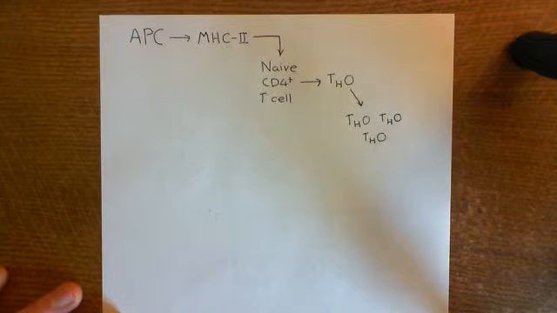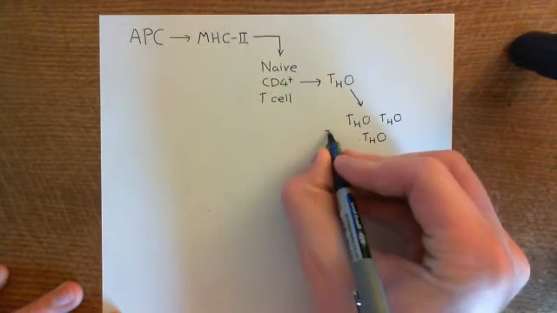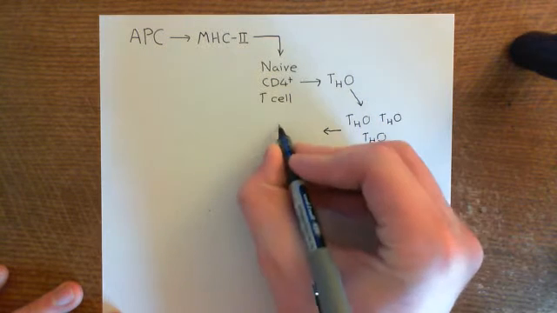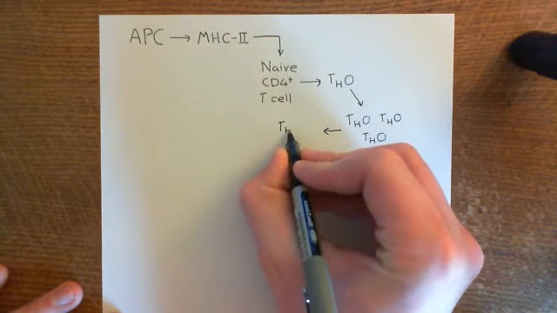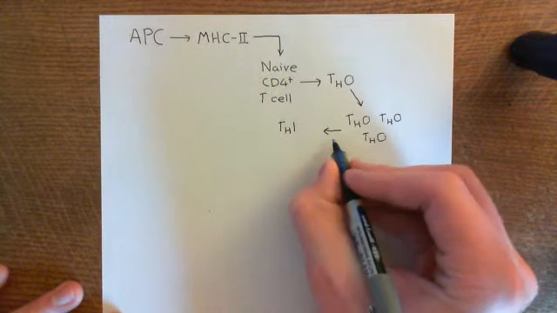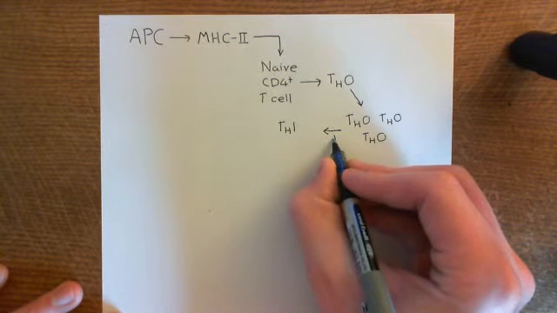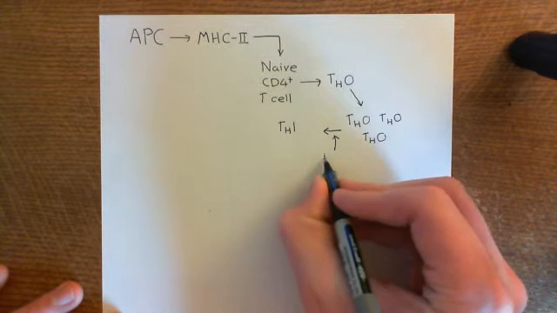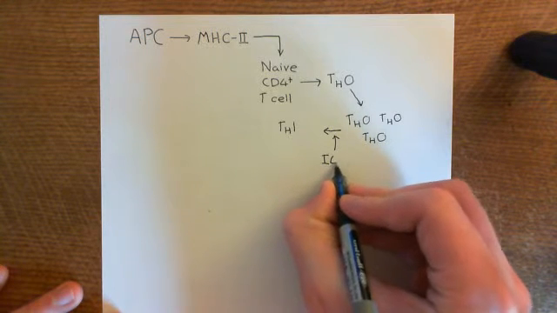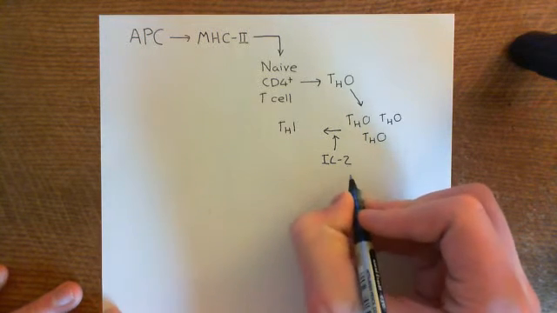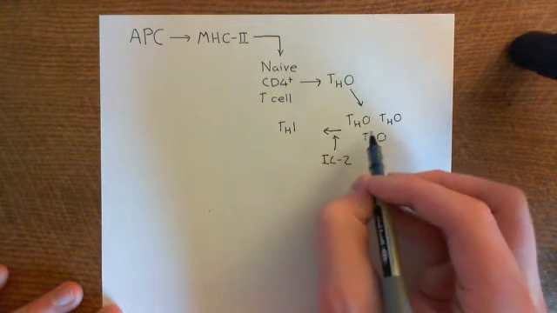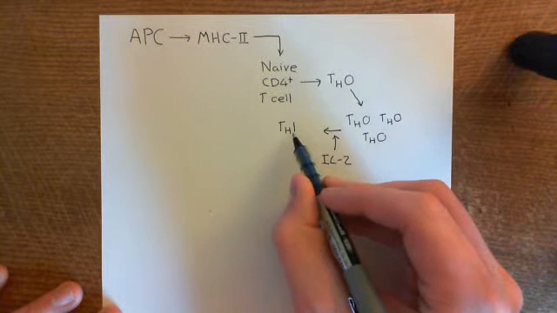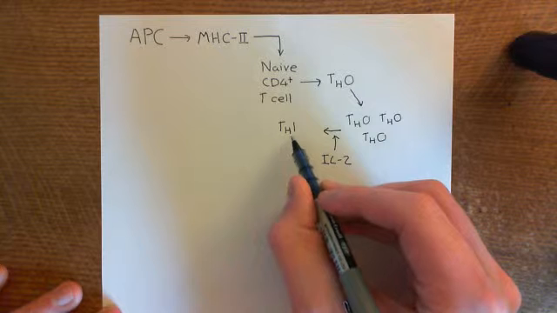Okay, right, so what will now happen is these will start differentiating into T helper 1 cells this time, rather than T helper 2 cells. And again, the process by which this happens is not understood. However, what does seem to be important is interleukin 2, which seems to be important in driving the differentiation of T helper naught cells into T helper 1 cells.